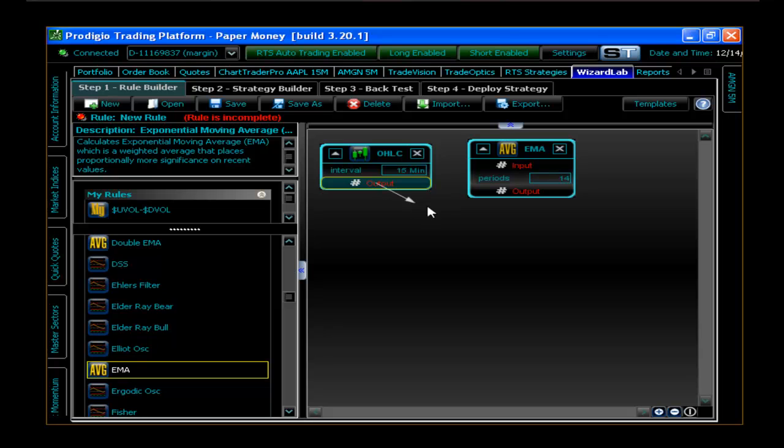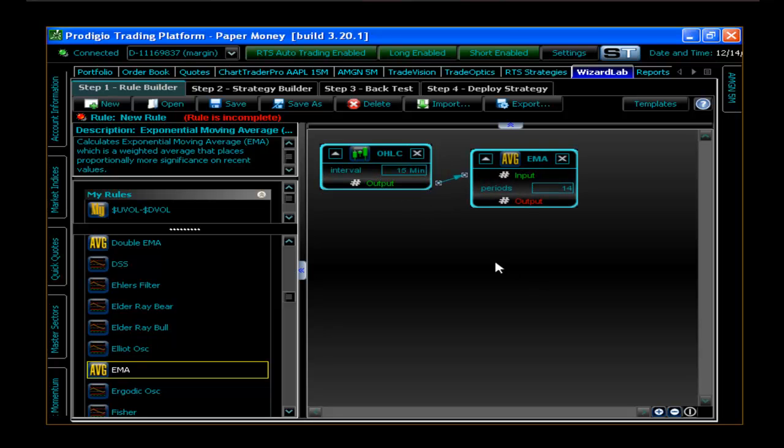And the way this works is you connect a series of outputs to inputs. What this means to Wizard Lab is take the OHLC values, take the output of those values, which in the case of an OHLC is a close value, the close price, and later I'll show you how you can use the open, the high, or the low instead of the close.